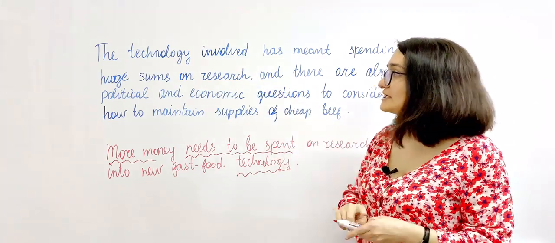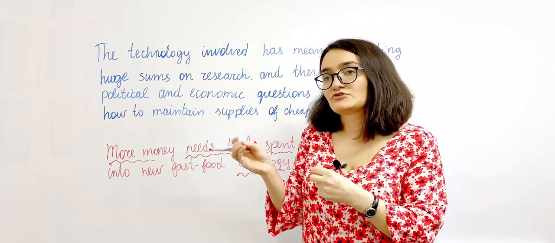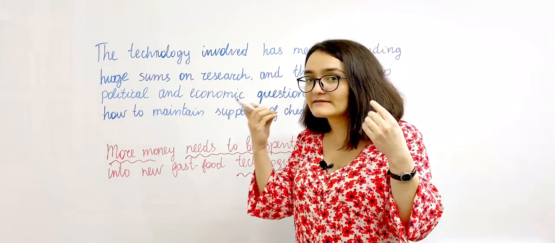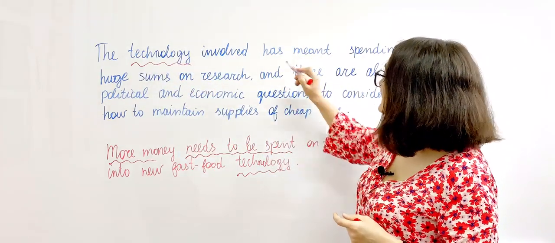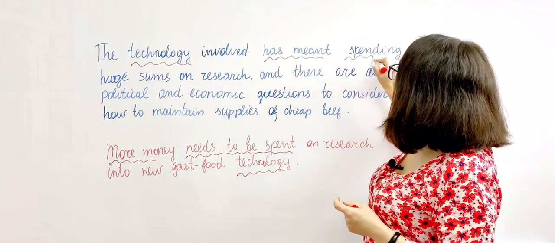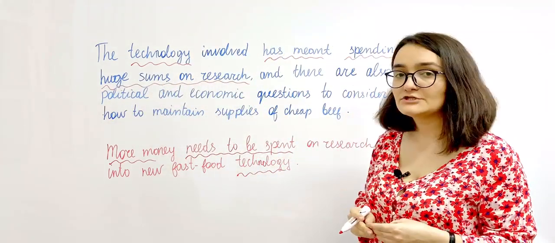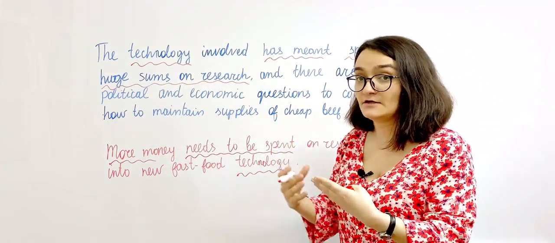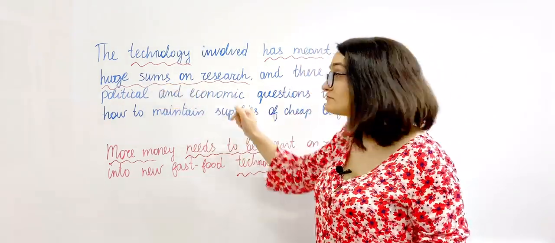While reading, we try to underline the keywords that can help you find this sentence. The technology involved has meant, you see, spending huge sums on research. So they have spent a huge amount of money on research.